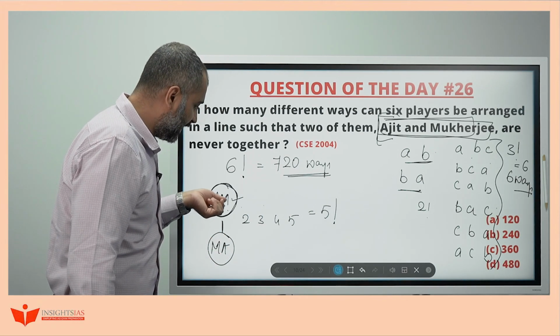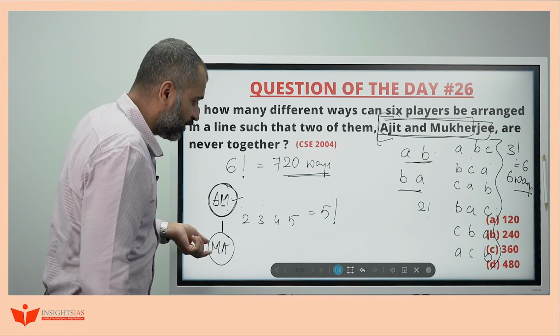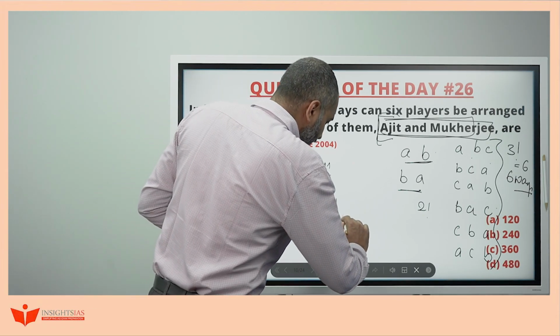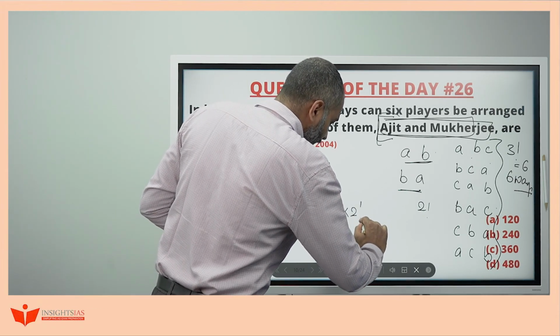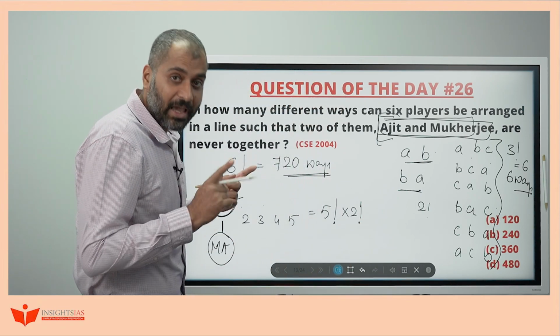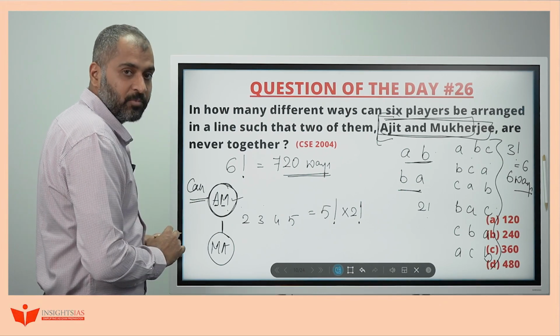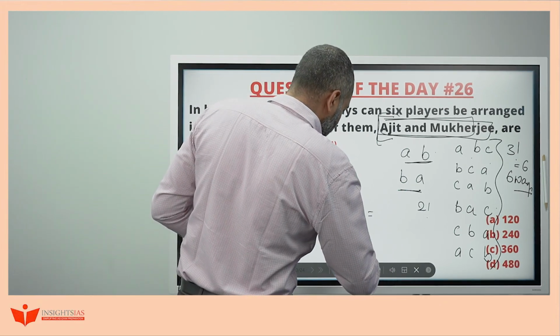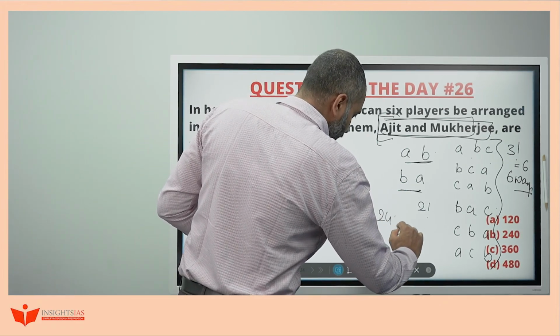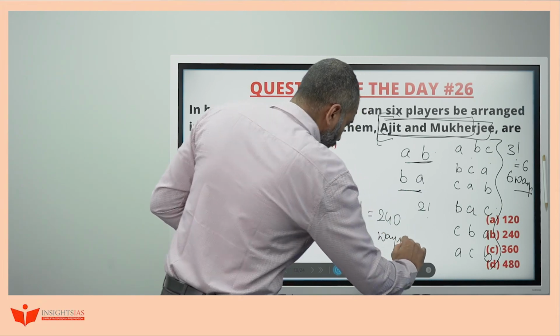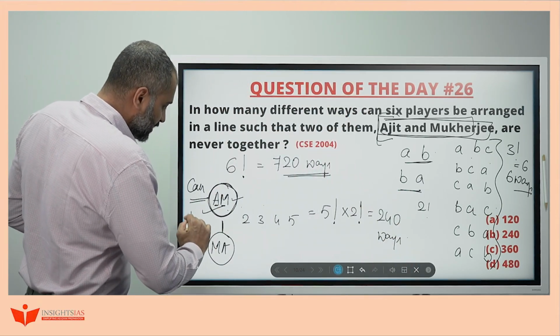Understood? See, AM, MA. So, 2 people are there, hence 2 factorial ways they can be seated together. This is 5 factorial, 120, into 2, that is 240 ways. In these 240 ways, always Ajit and Mukherjee will be together.